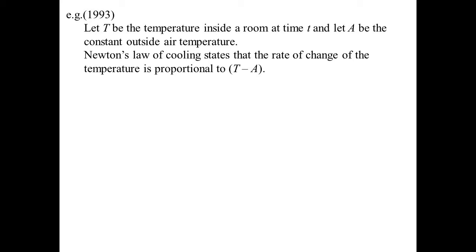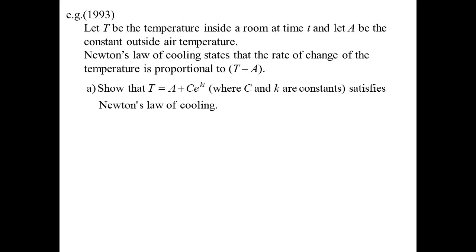Newton did many different laws over the years, but the law of cooling states that the rate of change will be proportional to T minus A. Similar to yesterday, we don't know how to integrate our exponential functions yet, but the first part they'll probably ask us at this stage is to just verify the solution, show that it works. So our solution to our equation would be T equals A plus Ce^(kt). C and k are both constants.